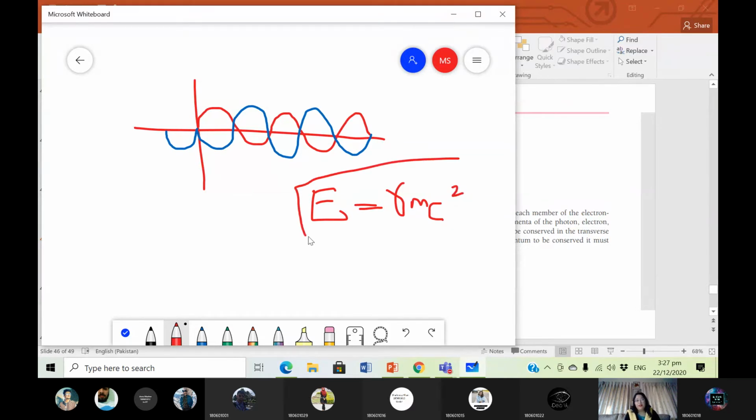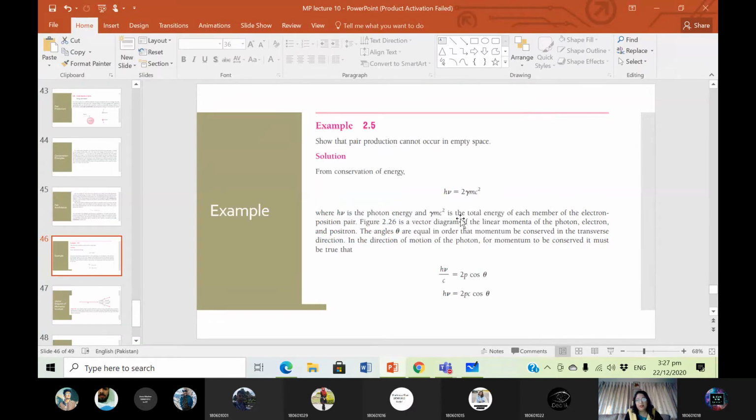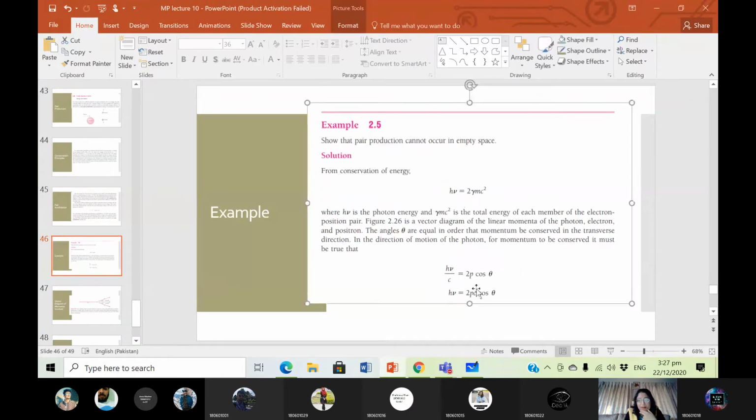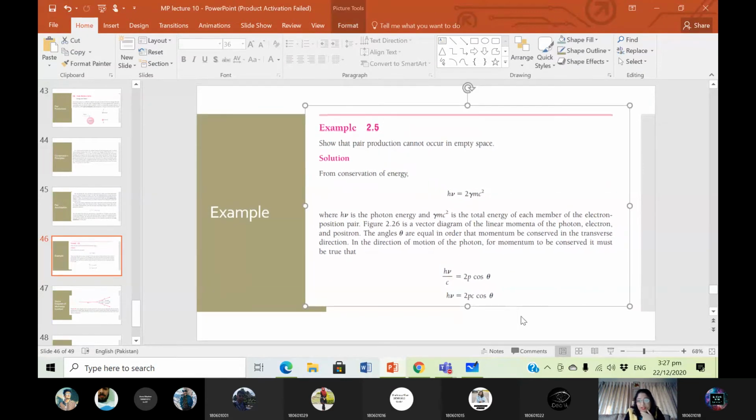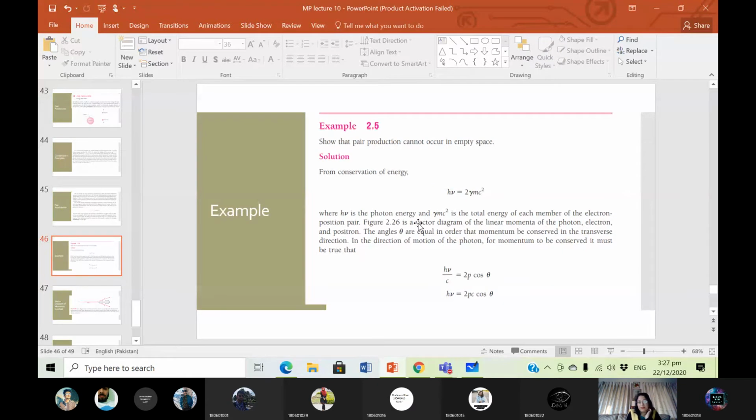So the total energy of the electron and positron will be 2 times gamma mc squared. So we have h nu equals 2 gamma mc squared, where h nu is the photon energy and gamma mc squared is the total energy of each member of the electron-positron pair.